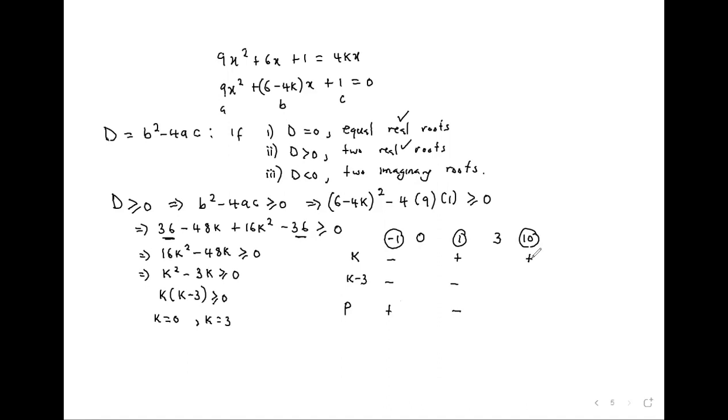And then positive, if you take 10, positive and positive. It's greater or equal to 0, so it's positive. The solution set is negative infinity, never included, up to 0. 0 we include because we have greater or equal to. Union 3, we include because of the same greater or equal to, all the way up to infinity.